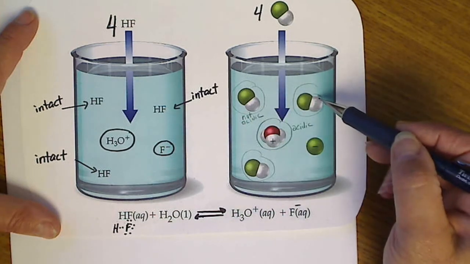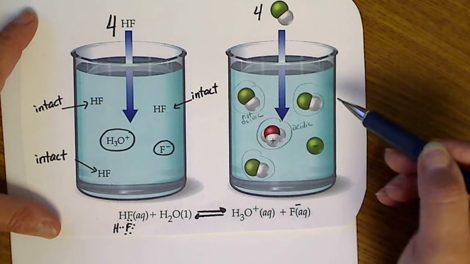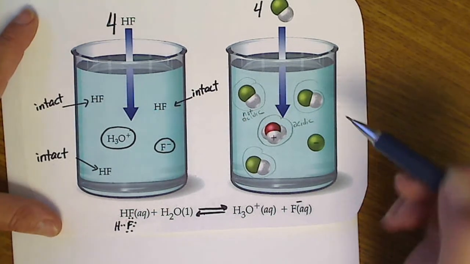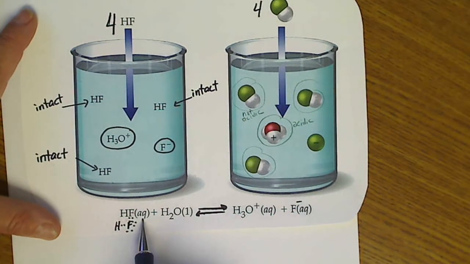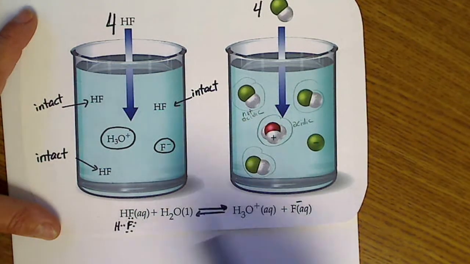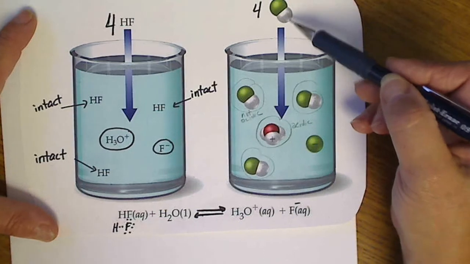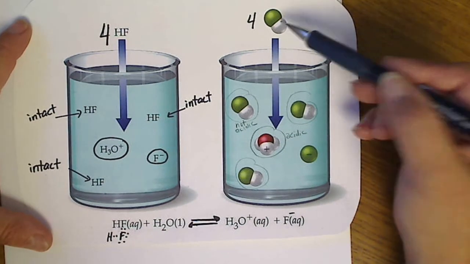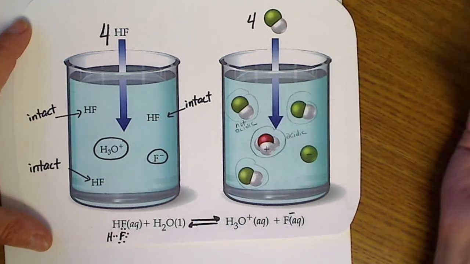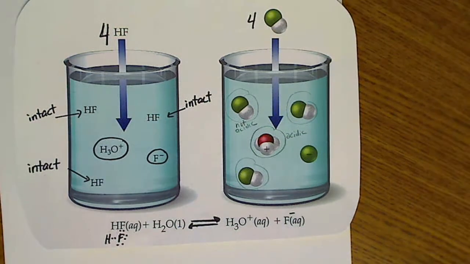An intact molecule is just going to be surrounded by water. It can still be dissolved in water, as we see here from the aqueous state written, but having an H is not what makes a solution acidic. Only when the hydrogen is dissociated from the entire molecule does that make the solution acidic. Okay?